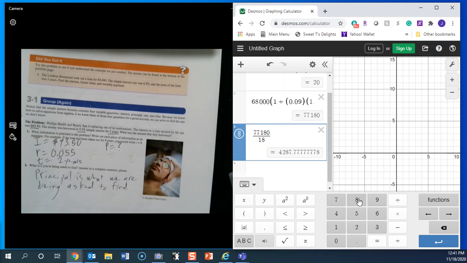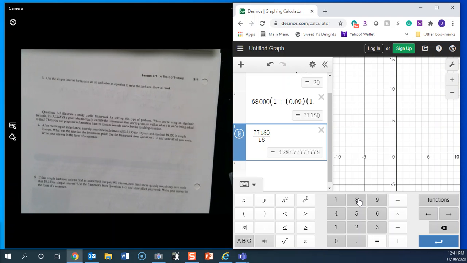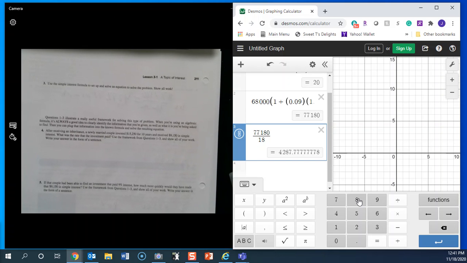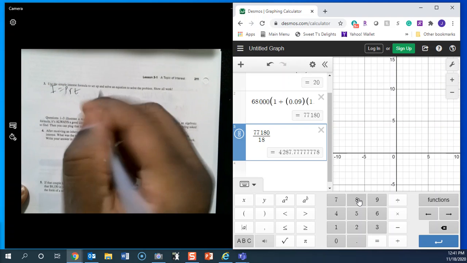Okay, so that took care of page 210. Now we move on to page 211. For number 3, it says use the simple interest formula to set up and solve an equation to solve the problem. Show all work. So we had interest is equal to principal times rate times time.